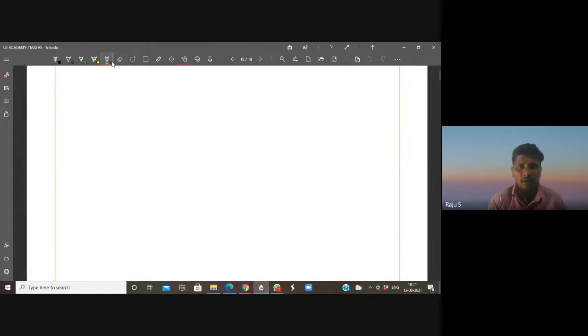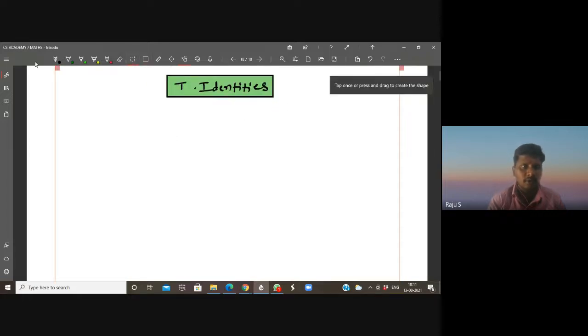Clear, students? So trigonometric identities. Fine. So right, we know sine A plus B, sine A minus B. From that only we will write the trigonometric identities. And then the first one is 2 sine A cos B. What is the 2 sine A cos B formula?